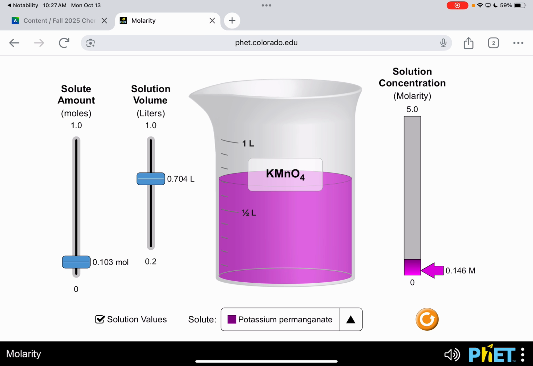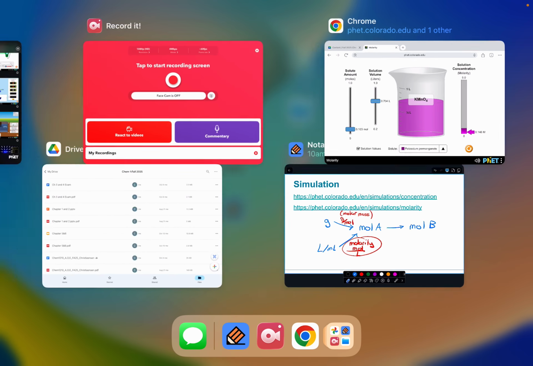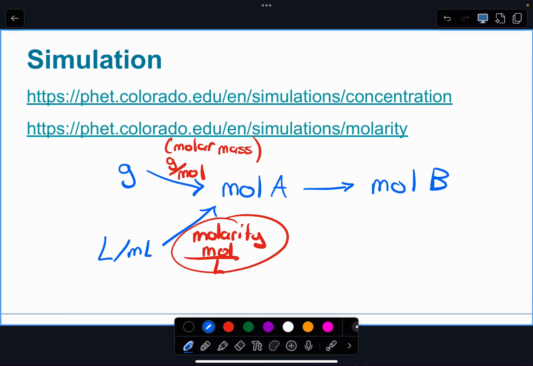So it's very contingent on both of those things, the number of moles and the number of liters. If you increase the volume, you're going to make it more dilute. If you increase the amount of the solid, you're going to make it more concentrated, but you can change it both ways. So you can play around with that as you're working if that's useful for you.